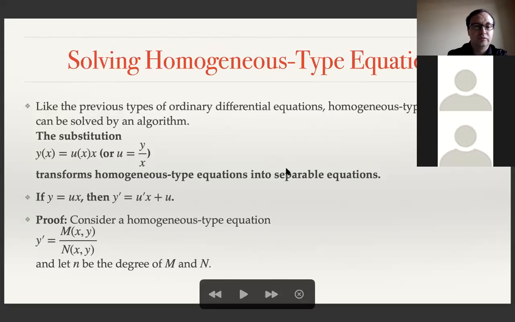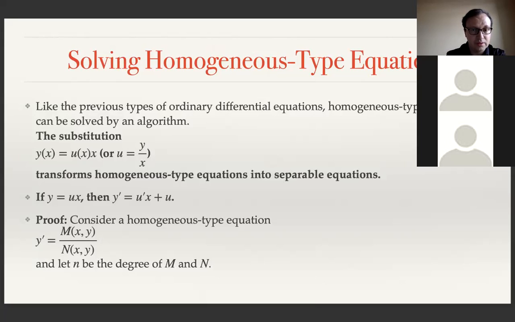So for all homogeneous type equations, there is a solution method. So they are solvable algorithmically. The algorithm consists of a substitution, which is guaranteed to reduce these homogeneous type equations to separable equations, and then in solving the ensuing separable equation, and then in undoing the substitution and solving for the original unknown function y.